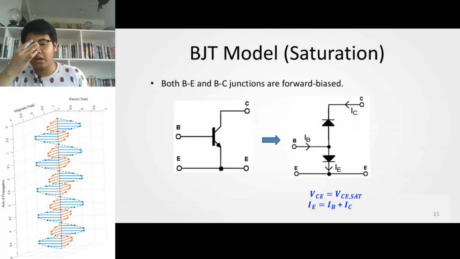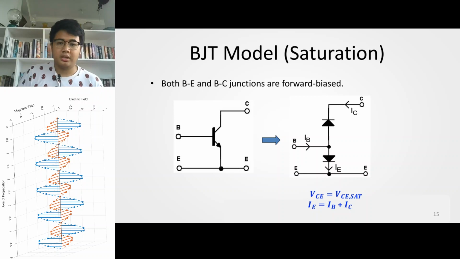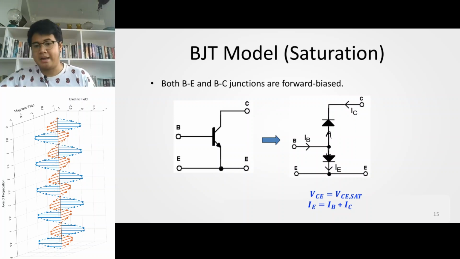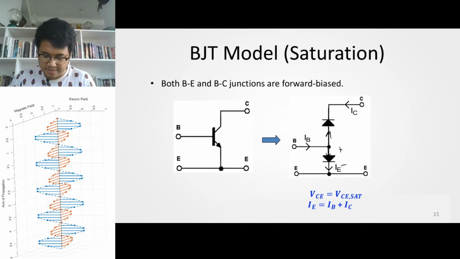Finally, a BJT model in saturation mode: basically you just have two diodes facing each other back to back. Both of them are in forward active mode. You have a constant VBE here, and a constant VBC on the other side, giving a constant VCE right here.